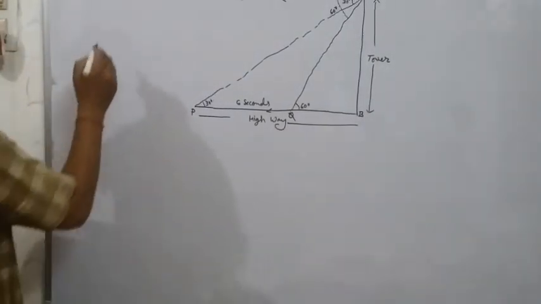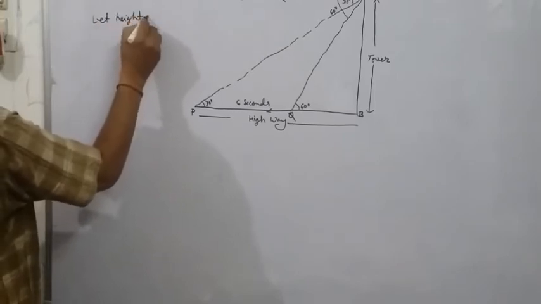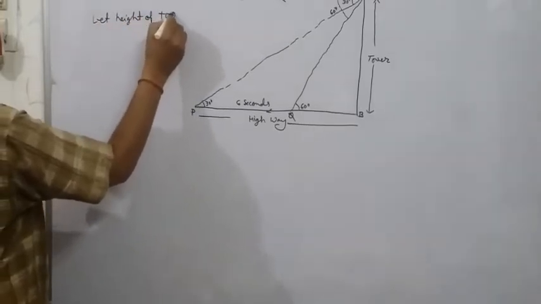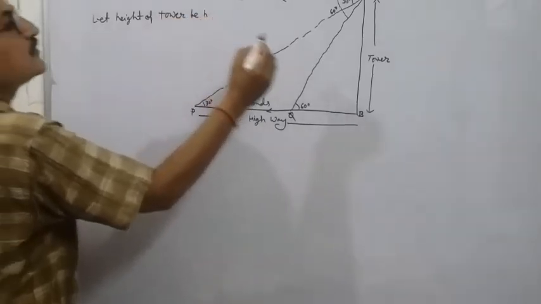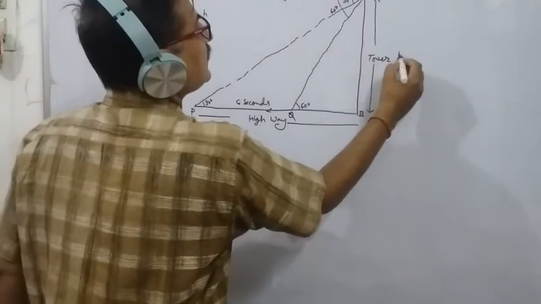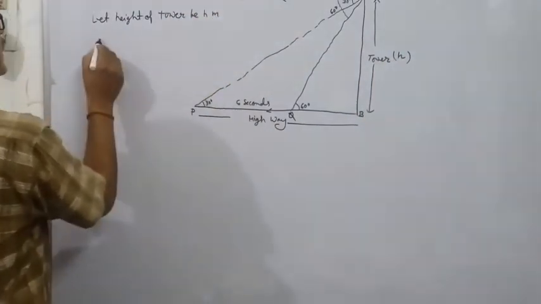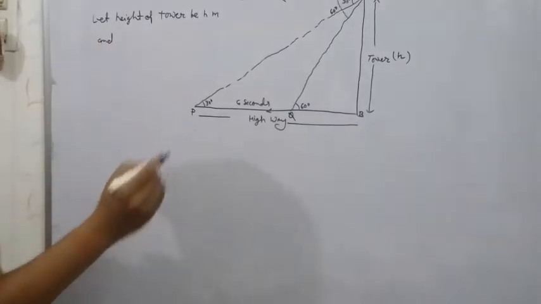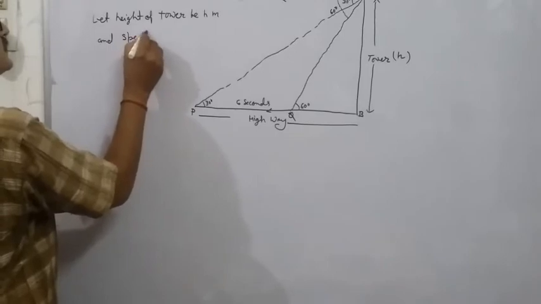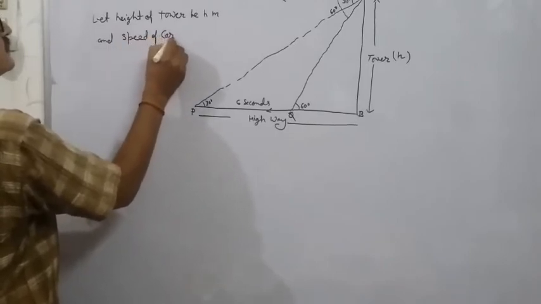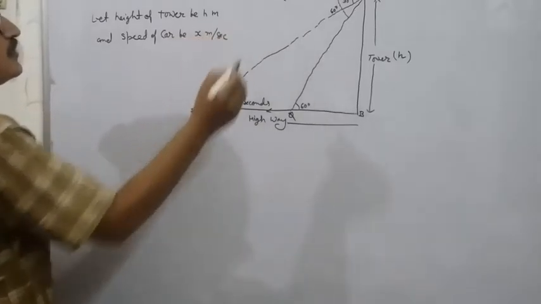So let the height of the tower be h meter. Because the car is moving at uniform speed, let the speed of the car be x meter per second, because every unit is given in meter and second.